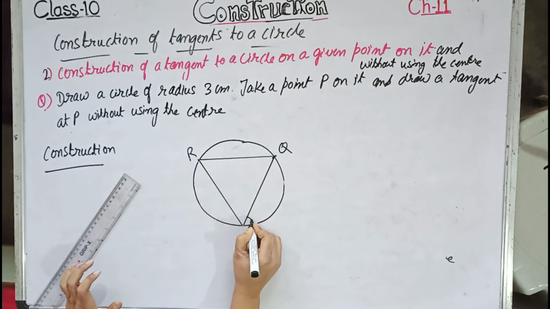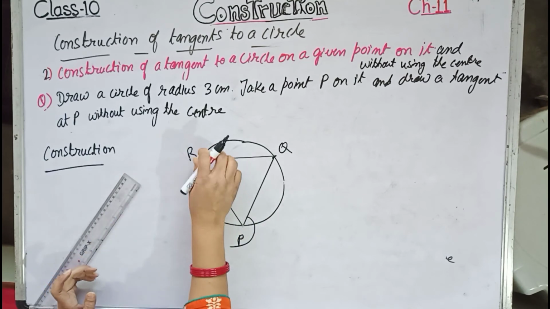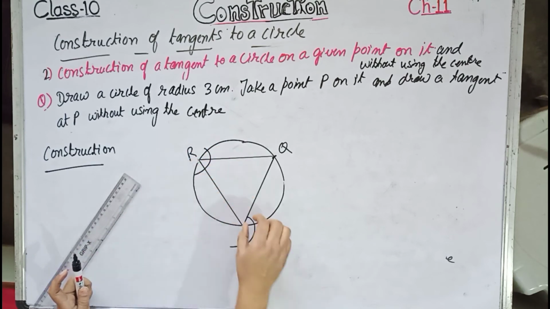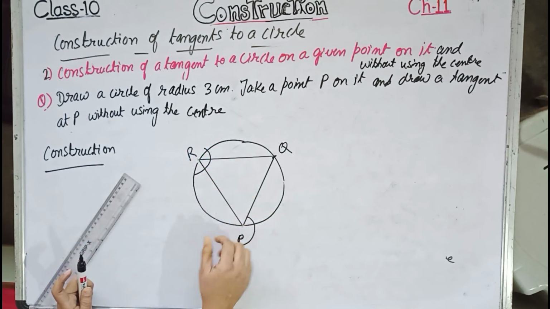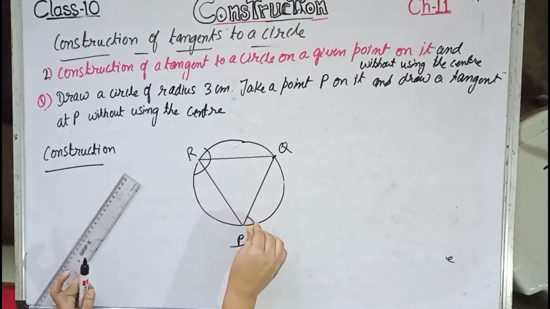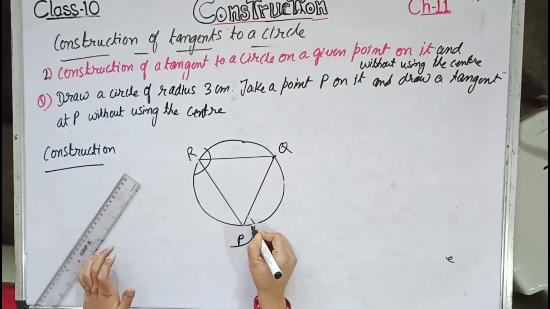So I have drawn an arc over here. Now same arc you draw over here as well. Putting the tip of the compass at R, draw an arc. Putting the tip of the compass at P, draw an arc. Now measure this angle R. Now putting the tip of the compass over here, you cut this arc. So this will be cutting over here.